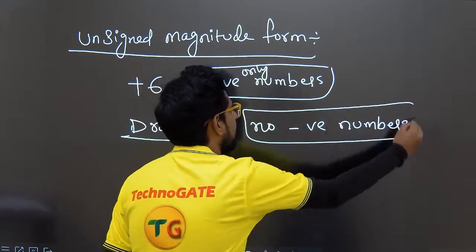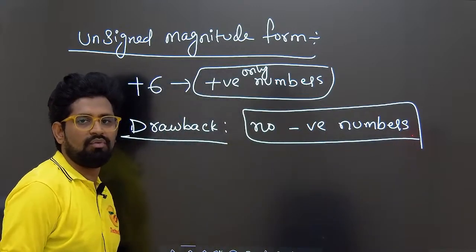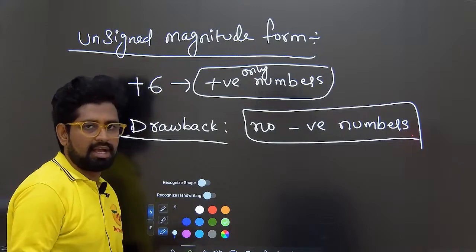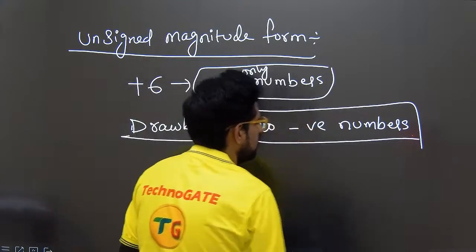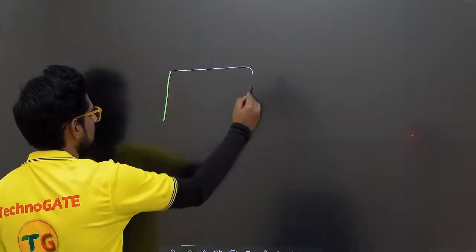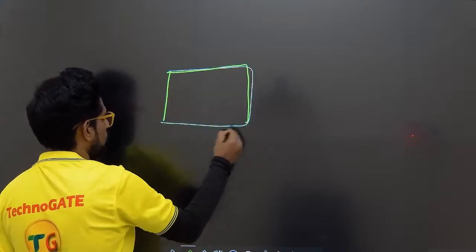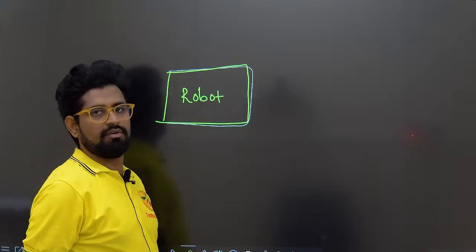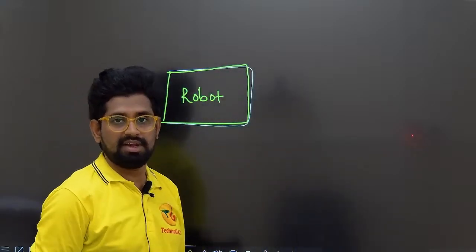Why do we require negative numbers? Let us take a practical example in industry, a robot which moves forward and backward and monitors in industries.